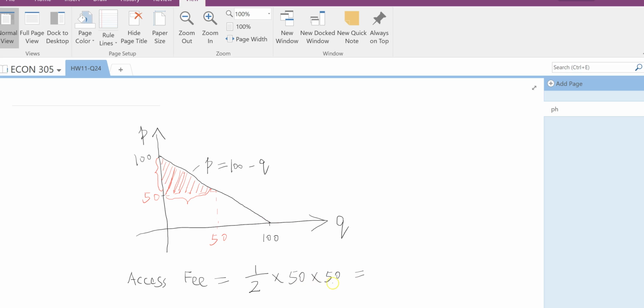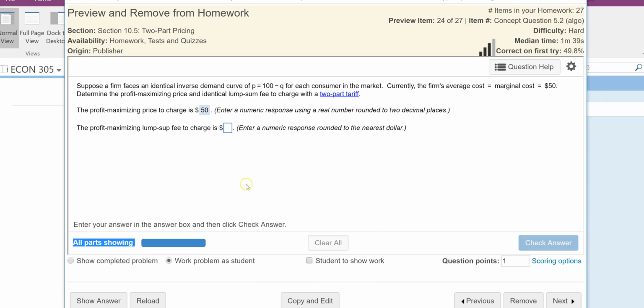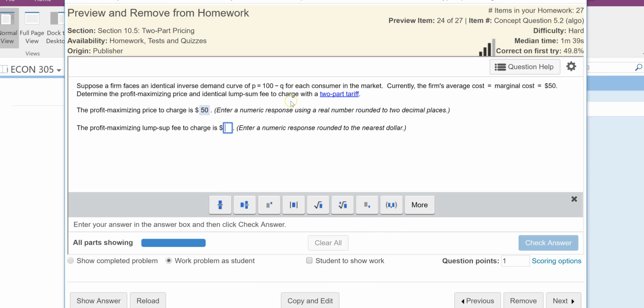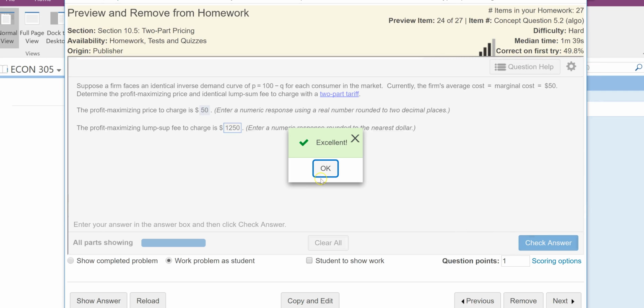So 50 times 50 is 2500, divided by 2, that's 1250. So it's $1,250. Now let me put this number into the box, 1,250, and check my answer. Excellent.